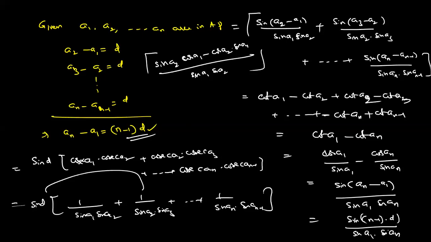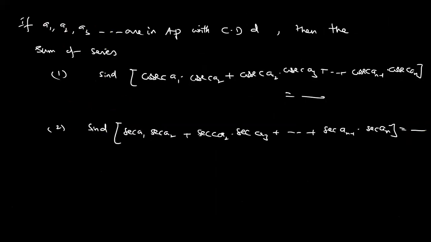Sometimes they're asking options here only. Okay, this is the final answer. Sometimes in the textbook they give this as the final answer. Do not expand. This is the answer, dear students. They're asking this one: cot A1 minus cot AN. This one: tan AN minus tan A1.